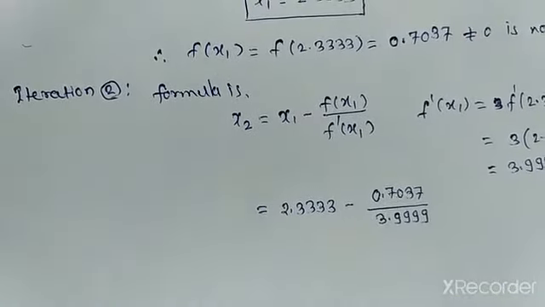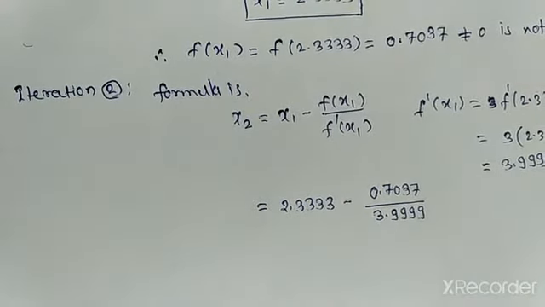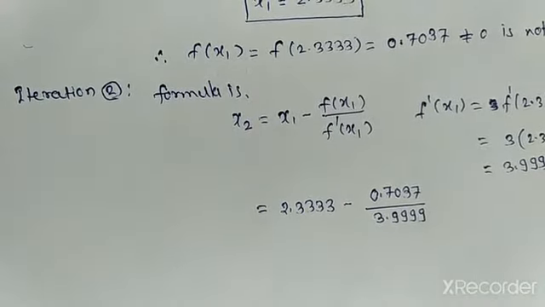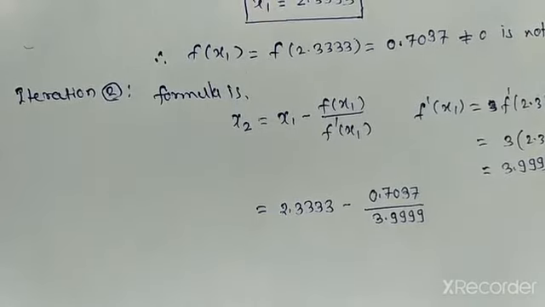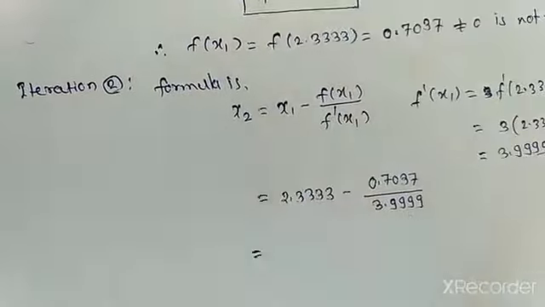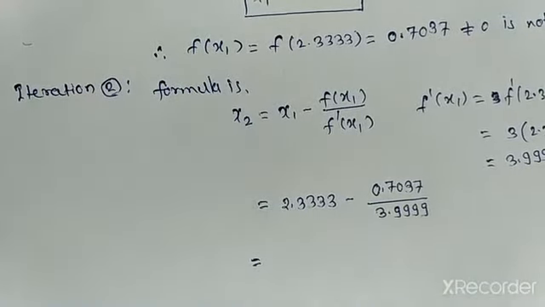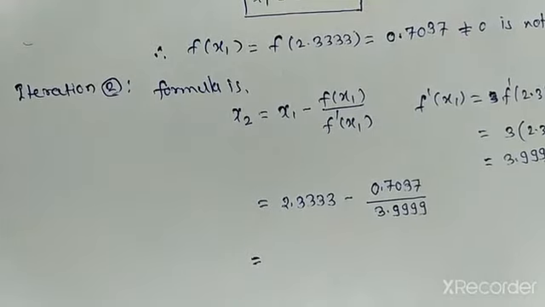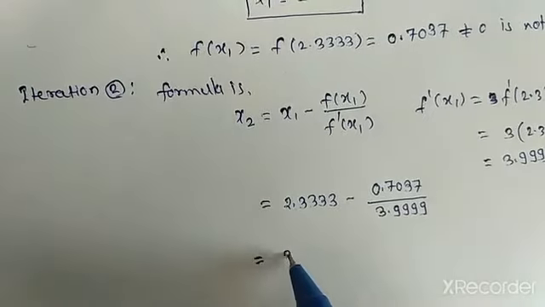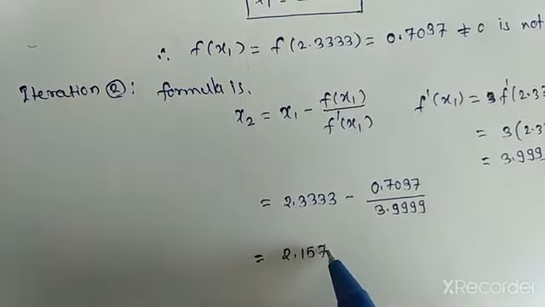So 0.7037 divided by 3.9999 will give us an answer, and we calculate the total: 2.3333 minus the answer is 2.1574.